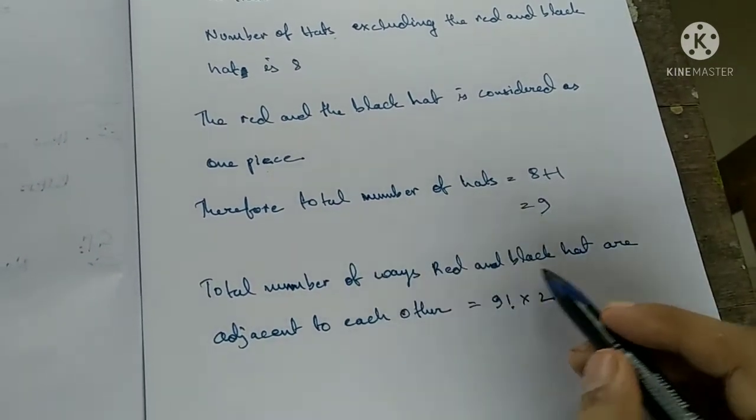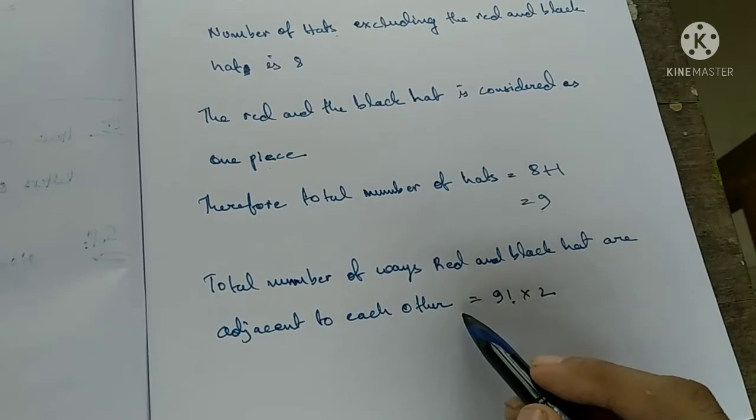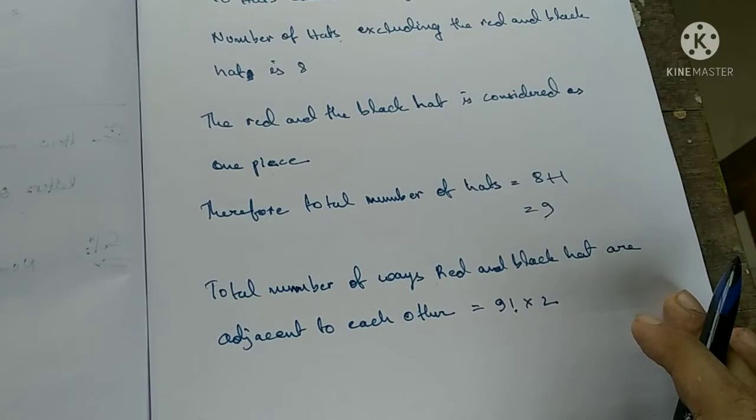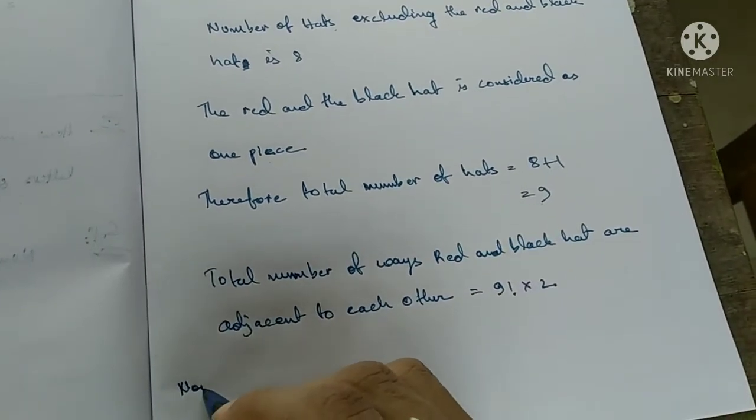Okay, total number of ways the red and black hat are adjacent to each other will be 9 factorial into 2.